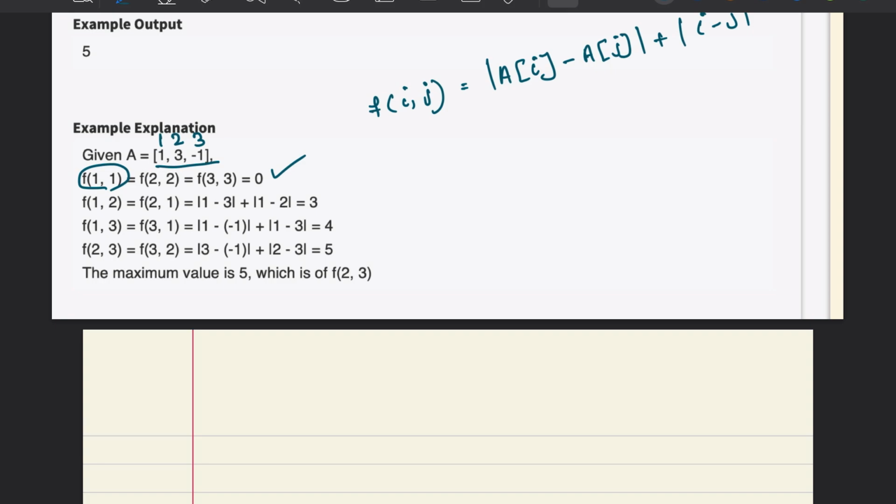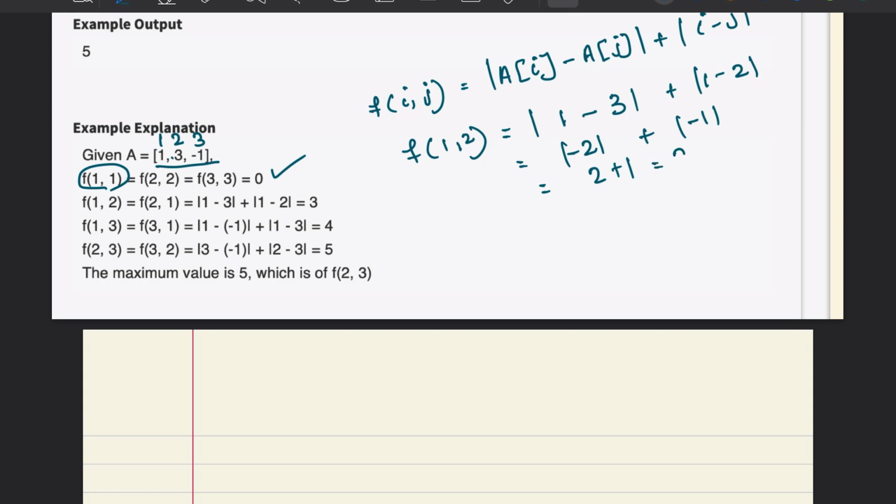Let's see for f(1,2). So f(1,2) equals absolute of a[i], which is 1, minus 3, plus absolute of 1 minus 2, which will be absolute of minus 2 plus absolute of minus 1, which is nothing but 2 plus 1 equal to 3.